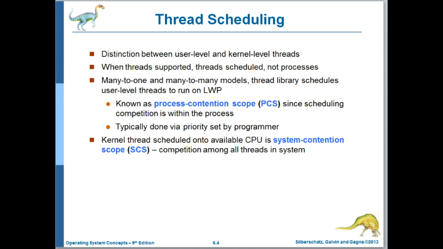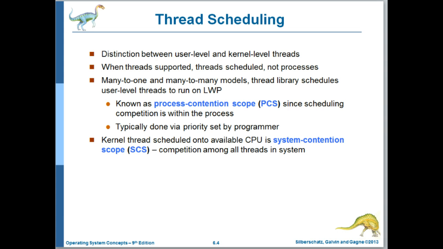They'll typically be running in user mode. User level threads are not known to the kernel, so they're scheduled by the user process using the thread library. So the second bullet here, when threads are supported, threads scheduled on processes refers to kernel level threads.